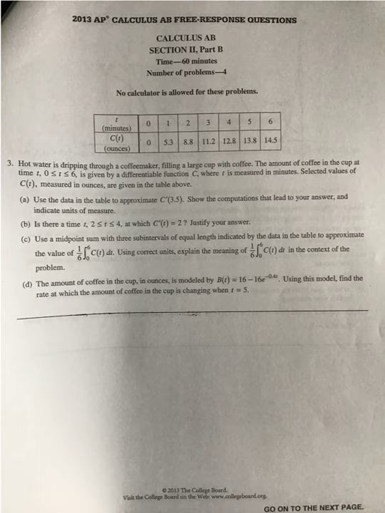Part B says, is there a time from 2 to 4 at which the derivative equals 2? Does the derivative ever equal 2? Again, what does derivative mean? Slope, right? So is there a time where the slope is ever going to equal 2?